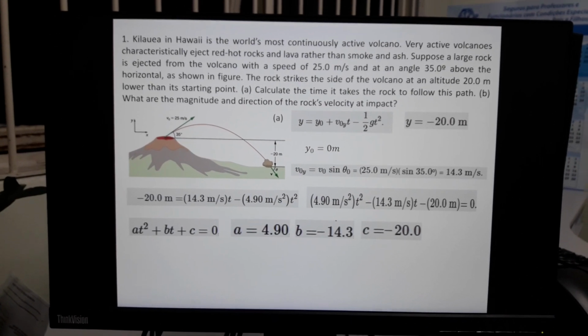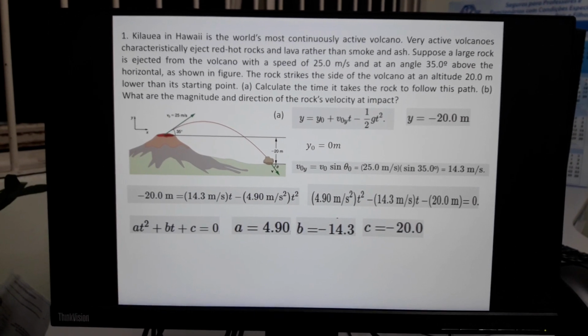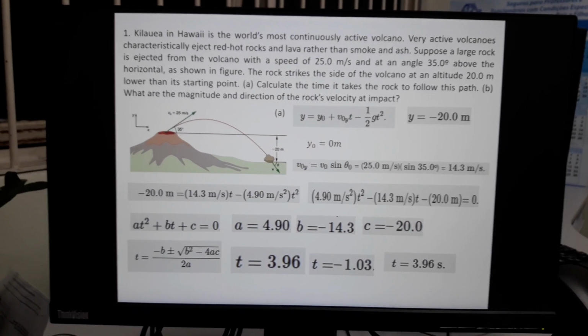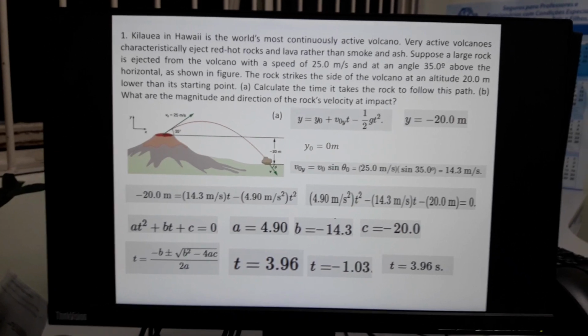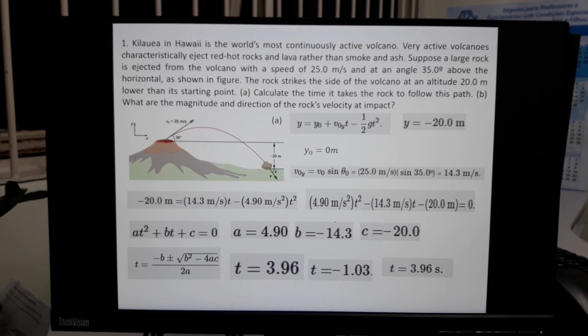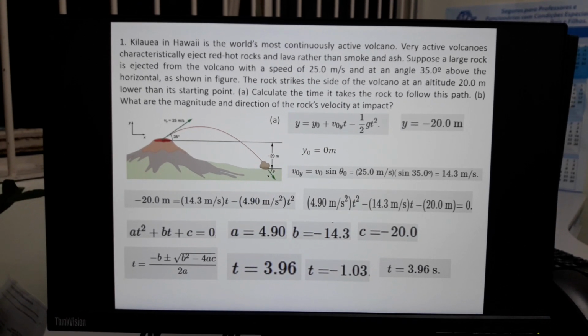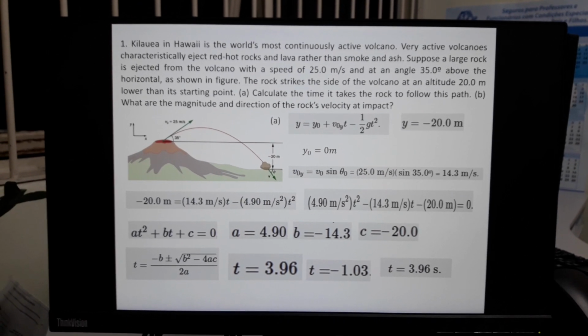You will call the letters a, b, and c like this here, and we will use this formula to find the two times. So let's go to the letter C. The letter C asks: what are the magnitude and direction of the rock's velocity at impact?